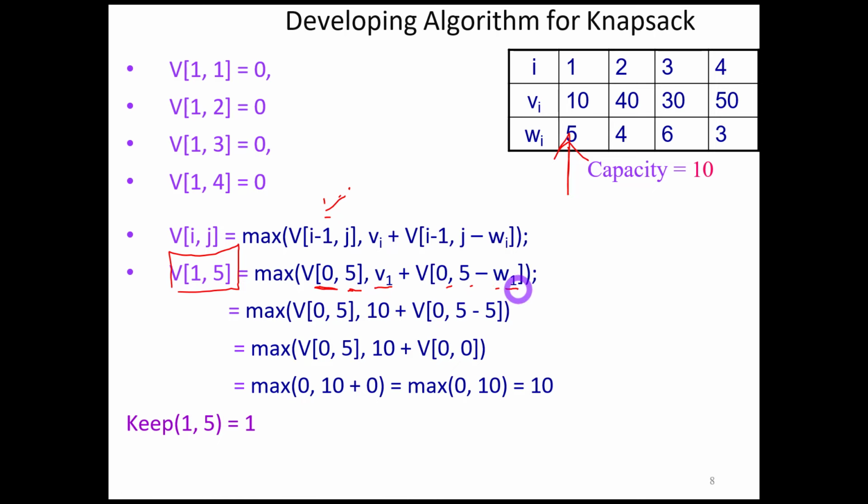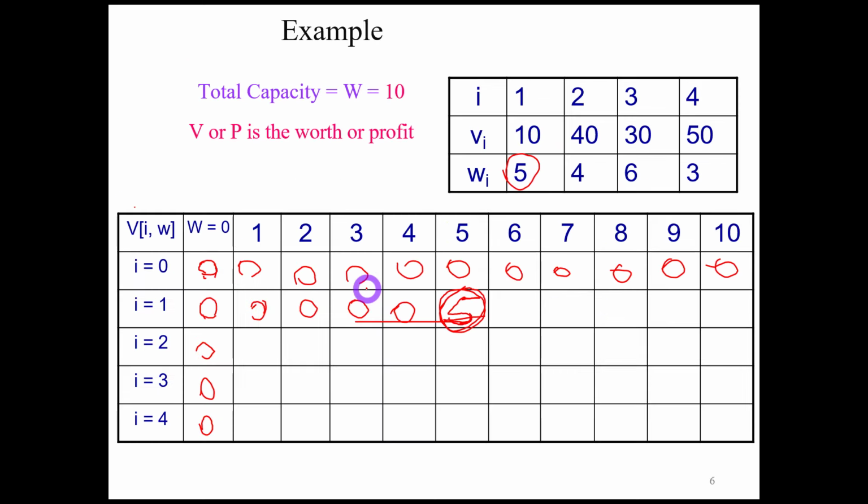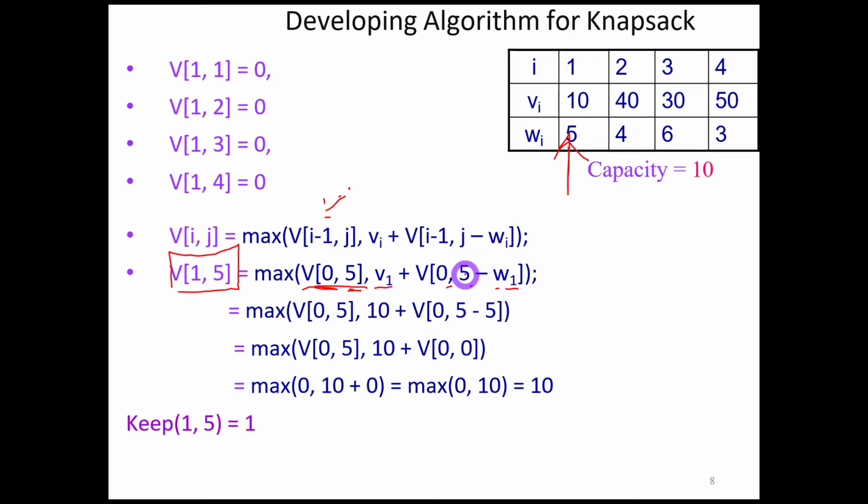And just put the values. So W1 is the weight of the first item, which is 5. I put that here. V1 is the profit of the first item, and that is 10. We will put that here. Now let's see what V0, 5 is. For V0, 5, we have to go back to the table. So we are referring to this particular value here, the previous value basically. This is 0, so we will write 0 over here. And what else?